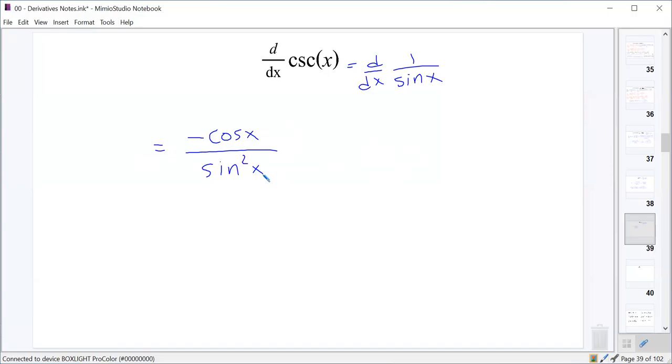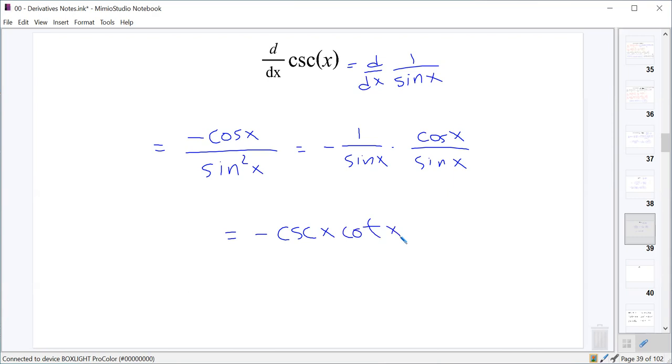So we can rewrite this as negative 1 over sine x times cosine x over sine x if we want to. And this is normally how it'll be written, is negative cosecant x times cotangent x. And that's our derivative of cosecant x that you'll need to memorize.